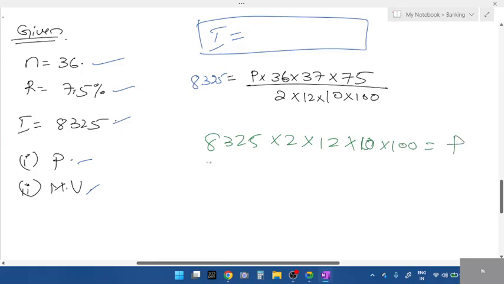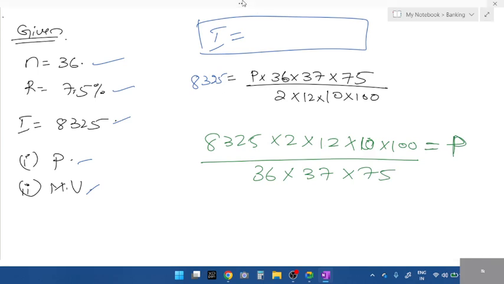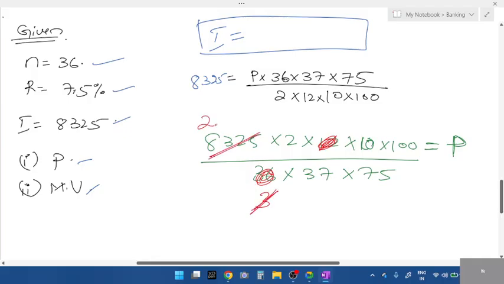8325 into 2 into 12 into 10 into 100 is equal to principal divided by 36 into 37 into 75. First write it, arrange all the values like this, and then you can reduce. Look, 12 goes 3 times, 12 ones are 12, 12 threes are 36. Next, look here, how many times does 3 go in this, students? 3 twos are 6, 3 sevens are 21, 7s are 7, 5 I think, right?